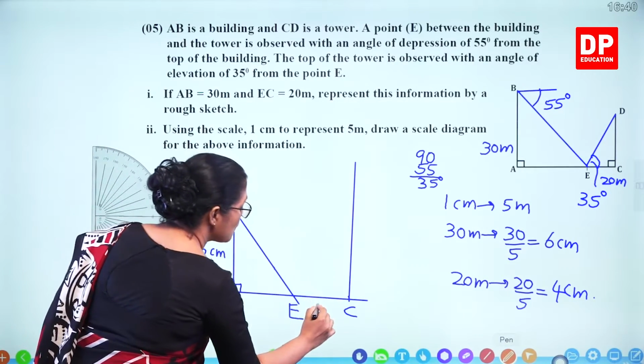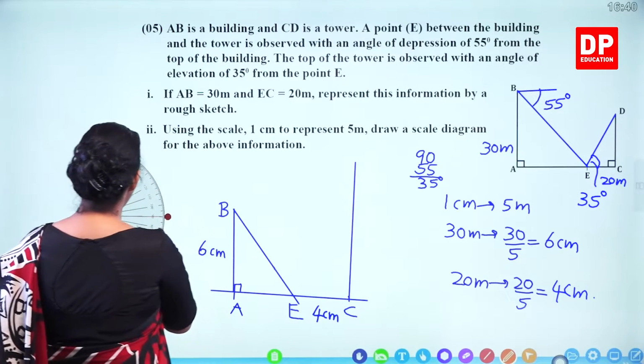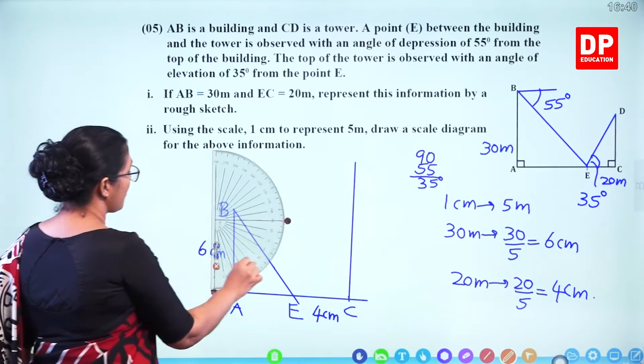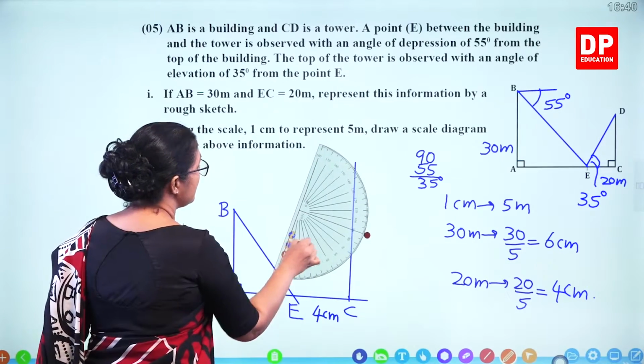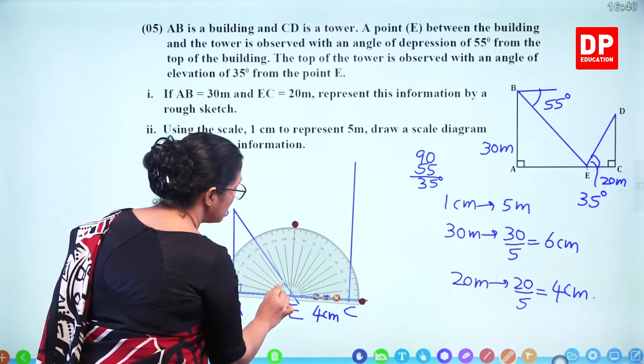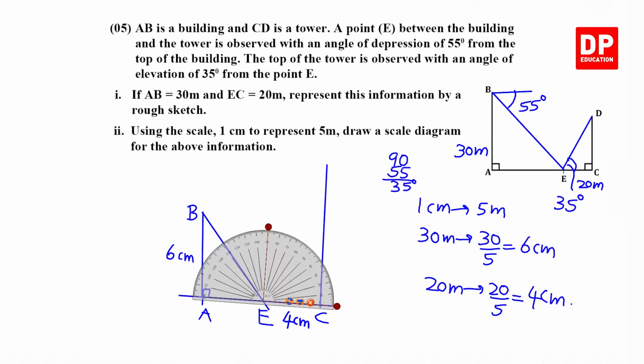So this is 4 centimeters and again take the protractor and measure 35 from here.